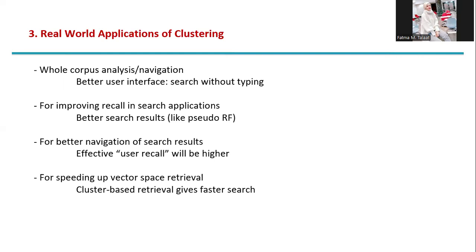For improving recall in search applications, better search results like pseudo-relevance feedback. For better navigation of search results, effective user recall will be higher. For speeding up vector space retrieval, cluster-based retrieval gives faster search.